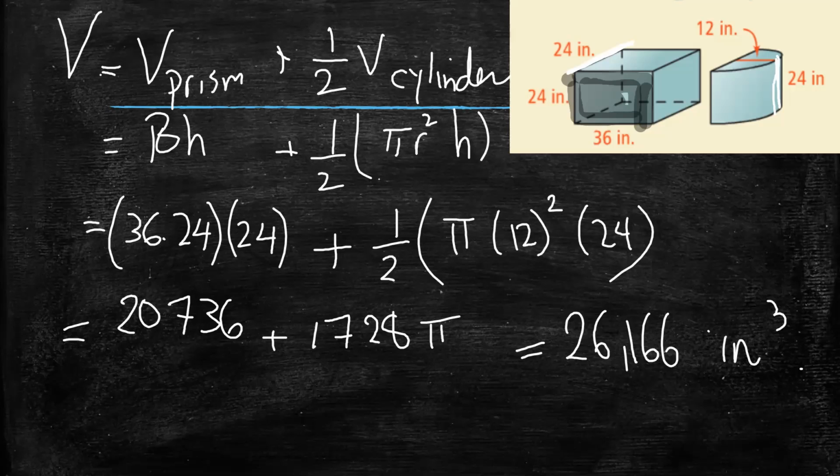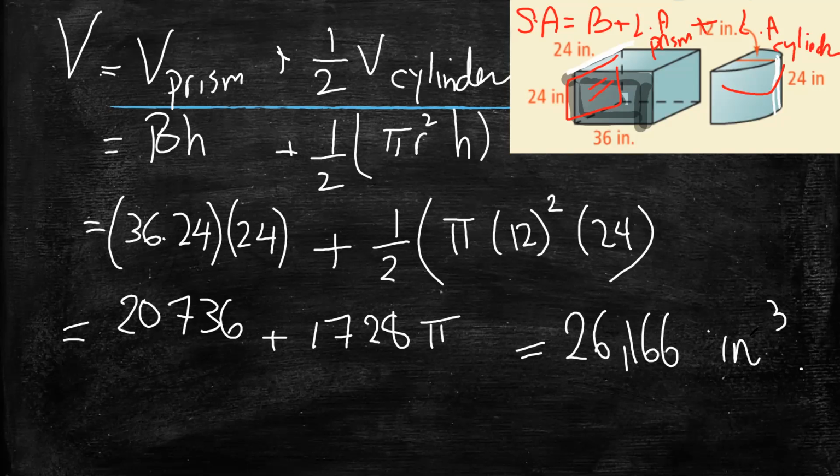If you want to find the surface area for this shape, you will find the area of the base plus the lateral area of the prism plus, now since they are connected to each other, so I cannot see it, so I plus what? The lateral area of the cylinder. Be careful. The surface area is different than the volume.